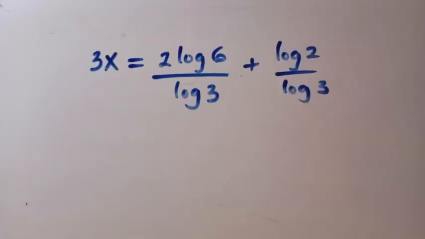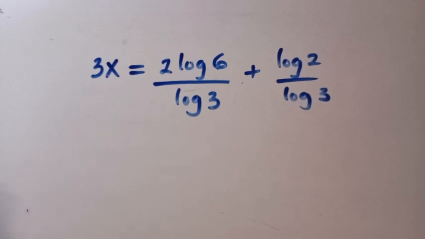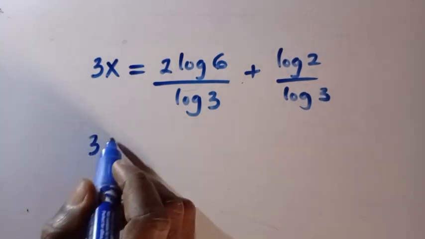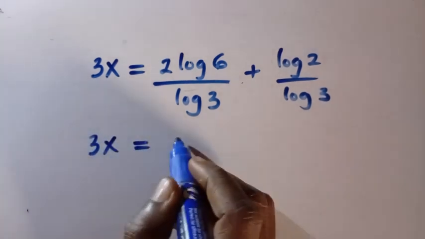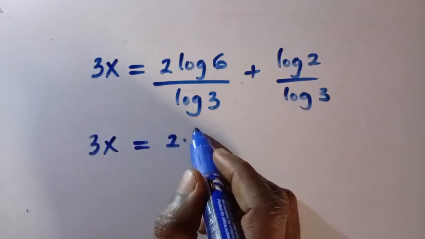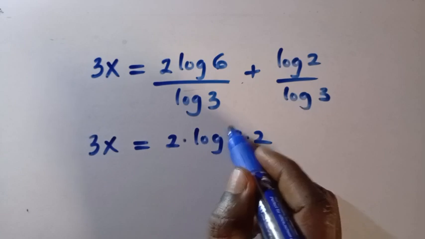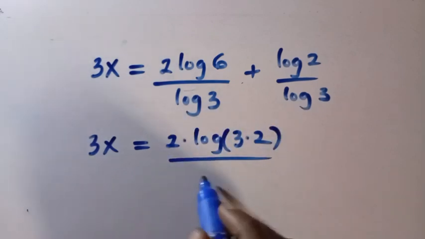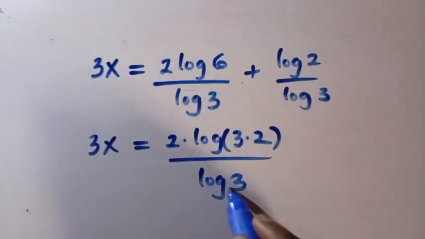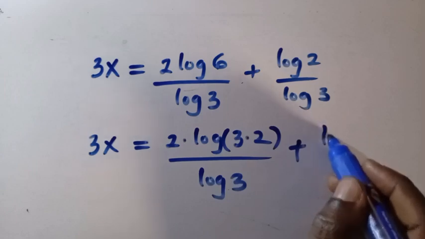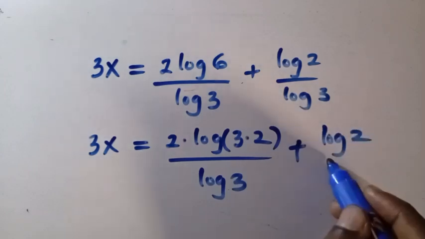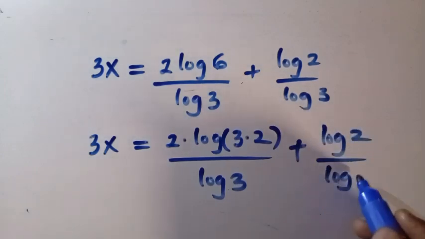So here is what we have. Then in the next step, we know that 3x equals 2 multiplied by log 6, divided by log 3, plus log 2 divided by log 3.